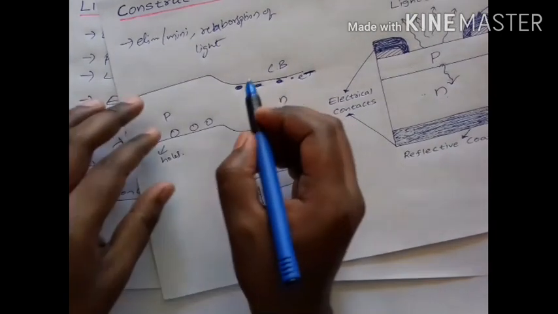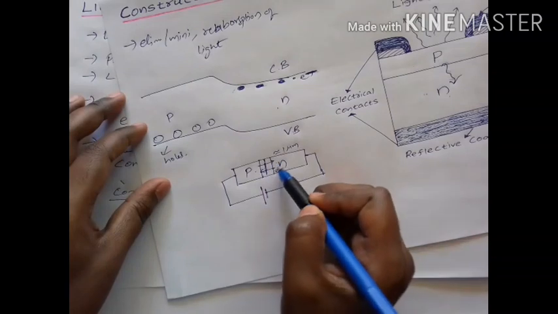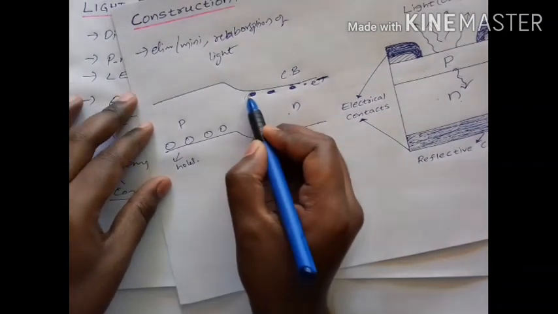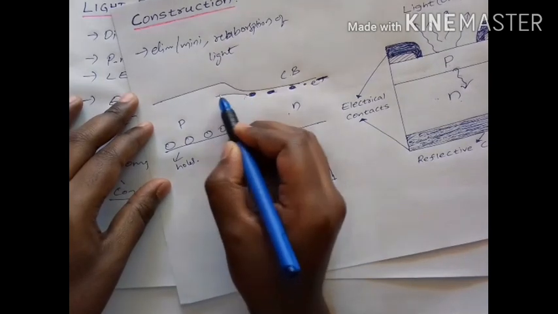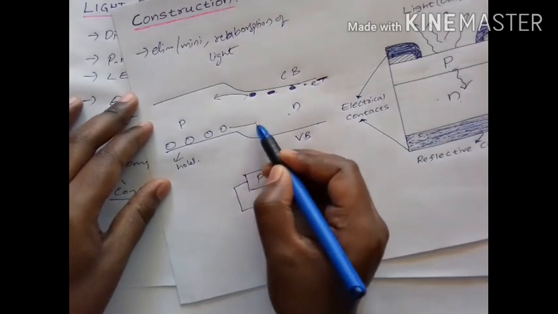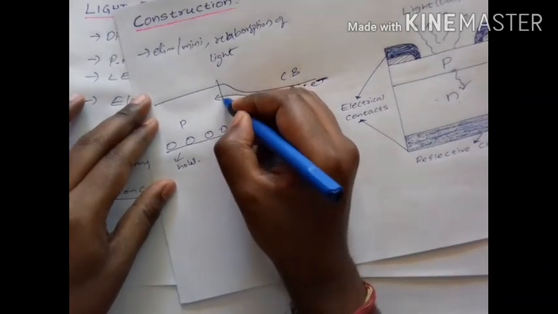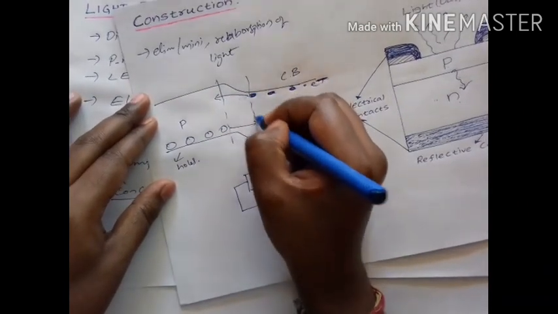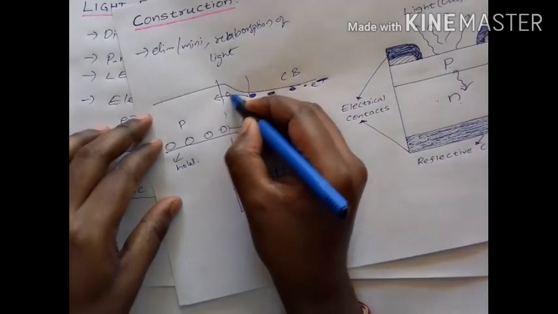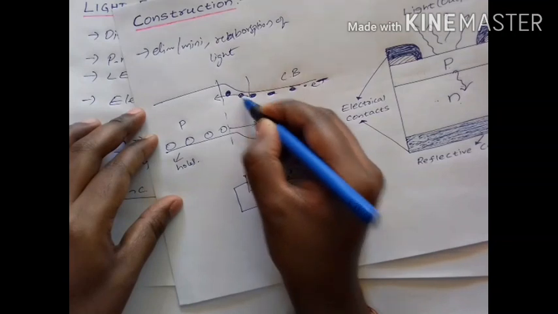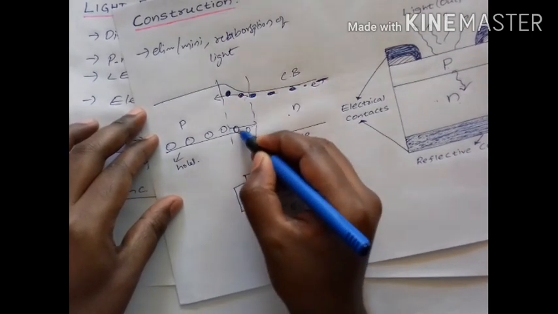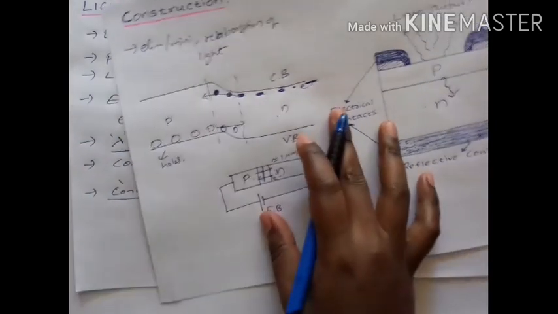Now, when this PN junction is connected in forward bias, the electrons are diffused to the p-type, and holes are diffused to the n-type, and as I said, a depletion region forms exactly between the P and N. So holes form here, and electrons form here.